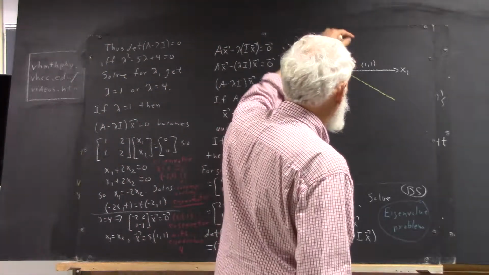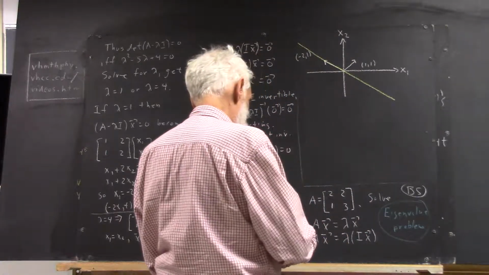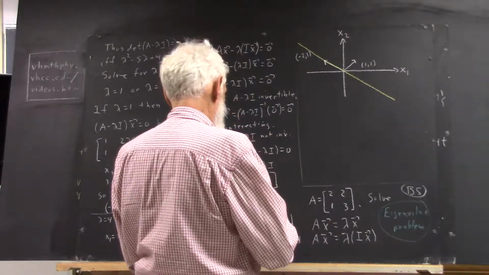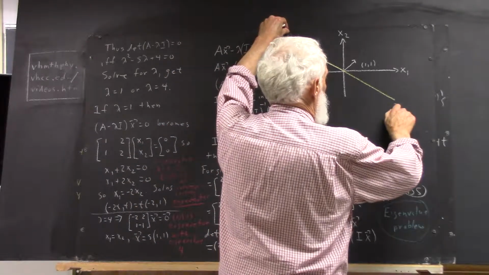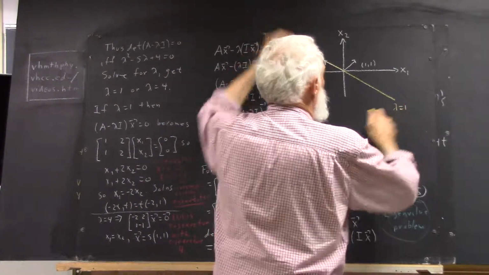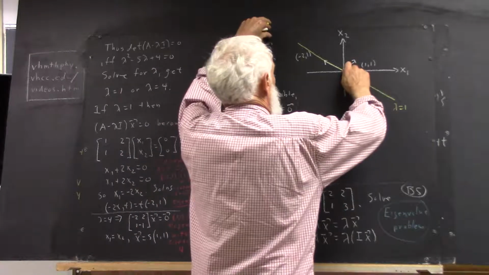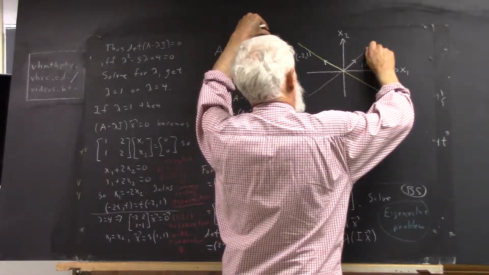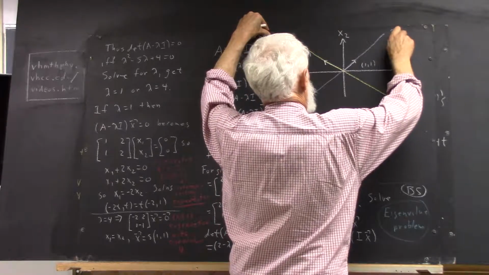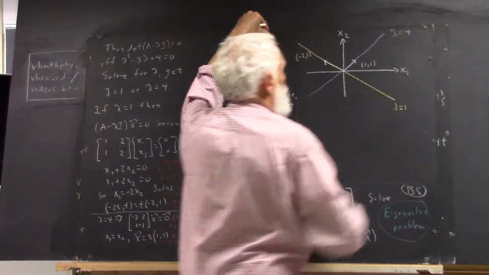However, any vector that's along the line of the (1, 1) vector, where the eigenvalue is 4, now let me just put lambda equals 1 here, okay? Now any vector along the direction of this one, along the line through this one, any multiple of (1, 1), well, lambda equals 4, okay?